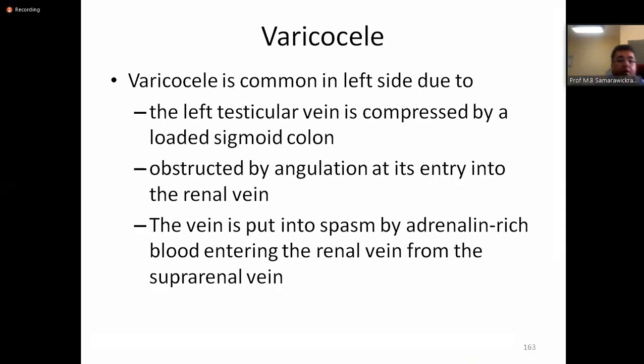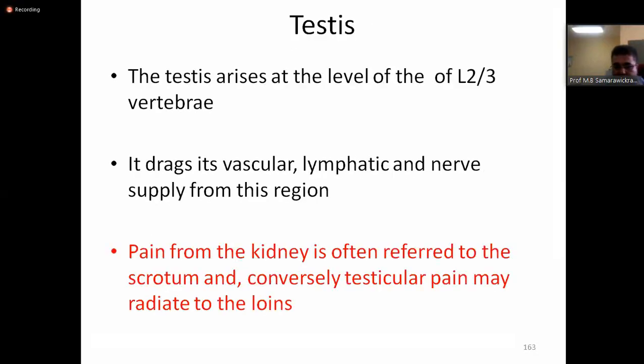And the vein is put into spasm by adrenaline-rich blood entering the renal vein from the suprarenal vein, because the left testicular vein opens into the renal vein, and the suprarenal vein also opens into the left renal vein. So there are three reasons why left-sided varicoceles are common, right?